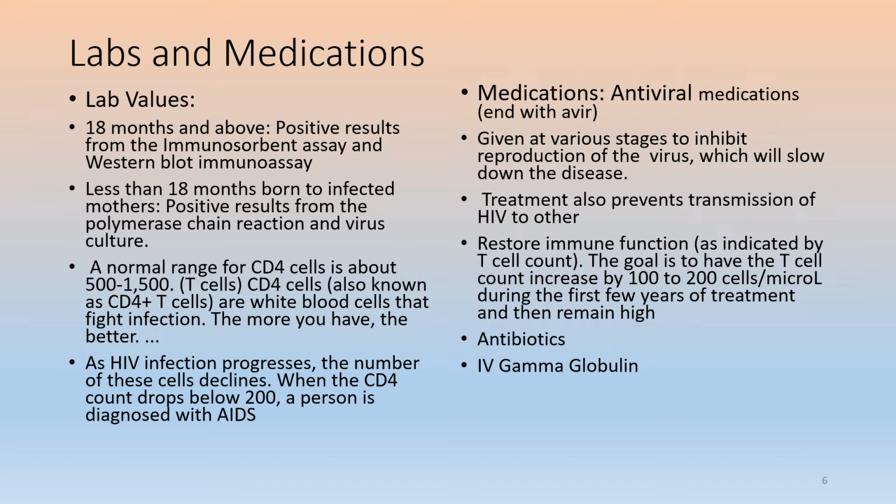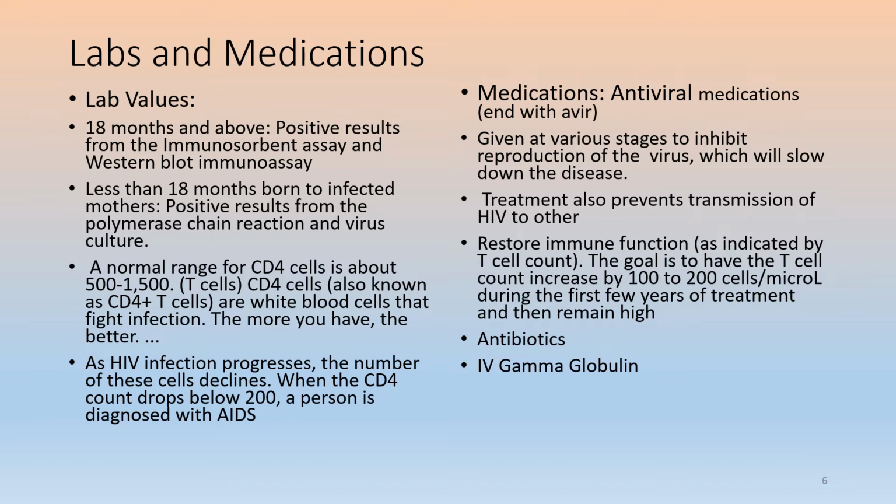If you don't quite understand the different cells, a normal range for a CD4 cell is about 500 to 1500. I went ahead and got a little explanation for you that the CD4 and the T cells are white blood cells that fight infection.